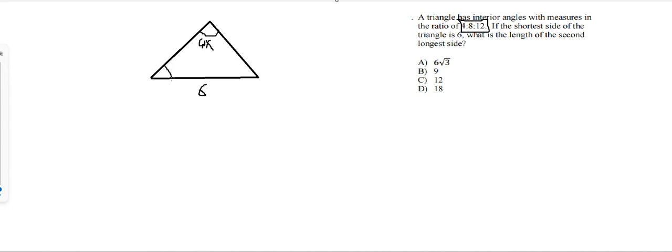This side let us assume as 8x, and this will be the second longest side, and let us assume that as L, and this is 12x. So this will be the longest side, LS.